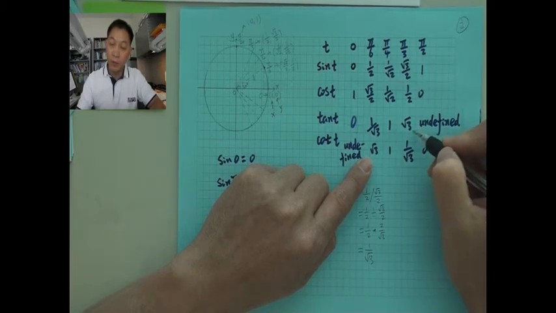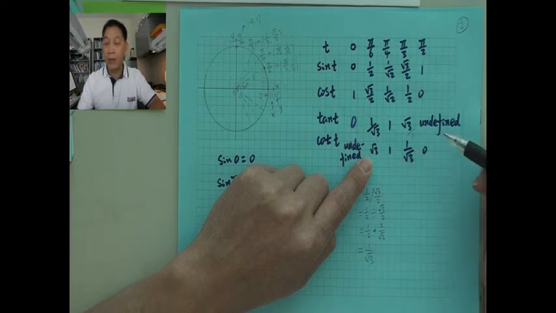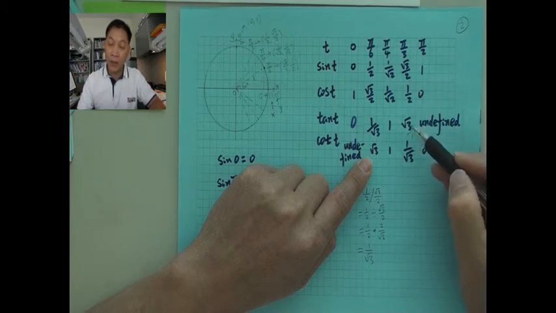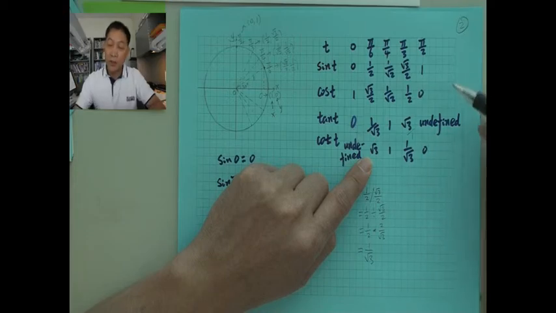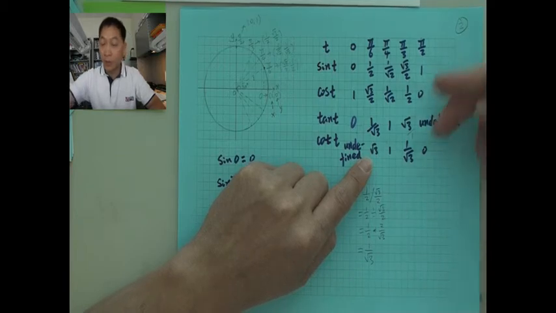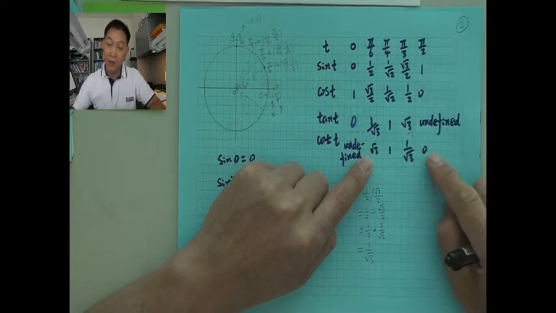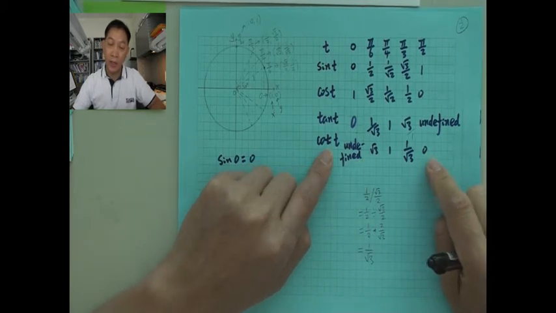And here if you flip 1 over radical 3, it's radical 3 over 1, and if you flip it, it's 1 over radical 3. Okay, please note, radical 3 is actually radical 3 divided by 1. Okay, now previously it was 1 over 0, but if you flip it, 0 over 1 makes sense, which is 0. Okay, that's for cotangent.